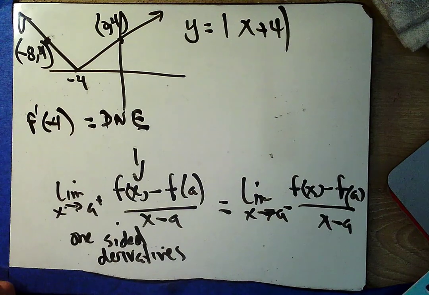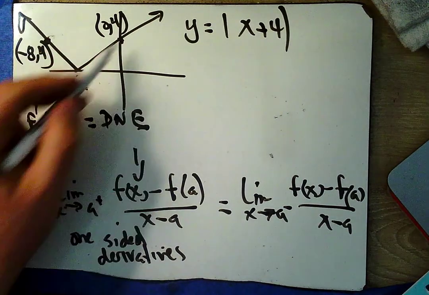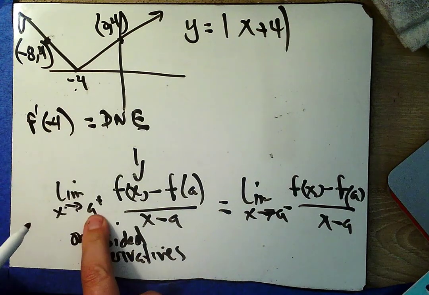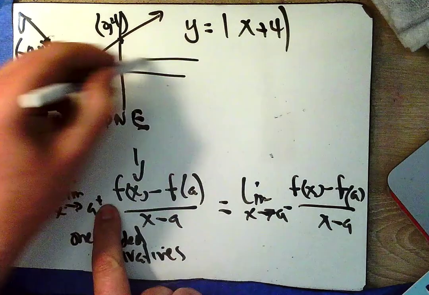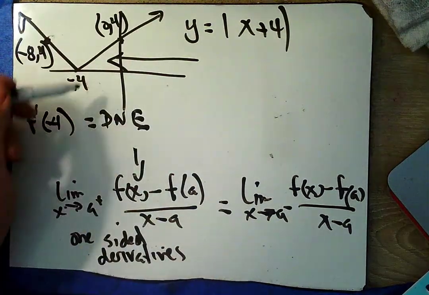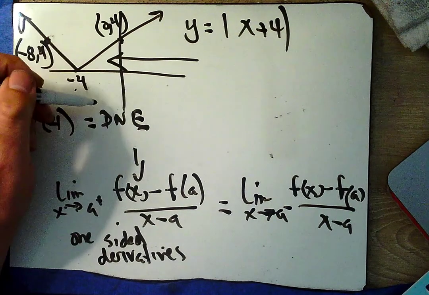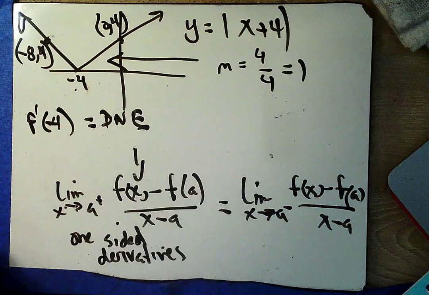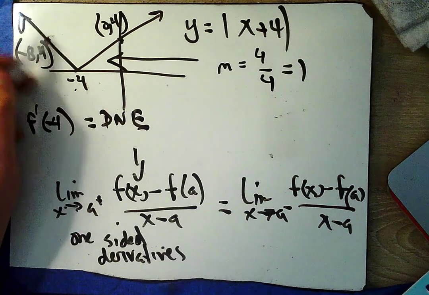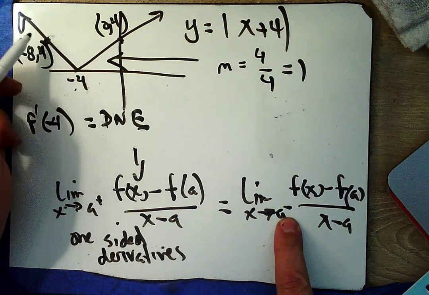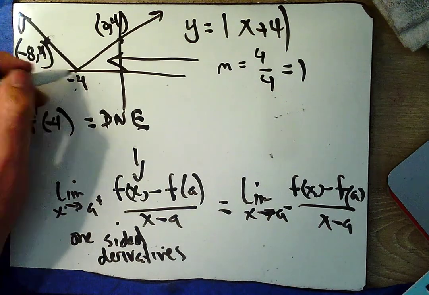Why do I think that derivative does not exist? Well, let's look at the slopes on either side of this point, right? As I approach negative 4 from the positive side, that's as I come in from this direction, what's the slope of this line that goes over 4 and up 4? Positive 1. Well, what's the slope of this line as I come in to negative 4 from the negative side? Well, I'm going down 4 and over 4.